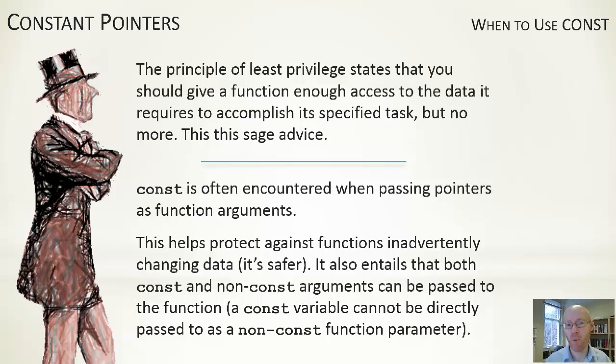So if I want access to a record to process it, and I know that this method will only ever read the data, will never change it, then I should set the parameter that passes that in to be a const parameter.